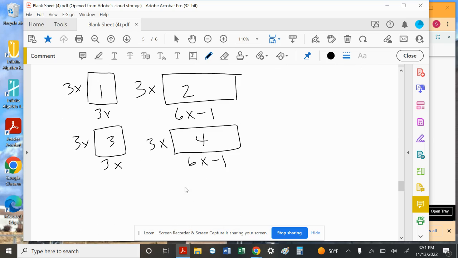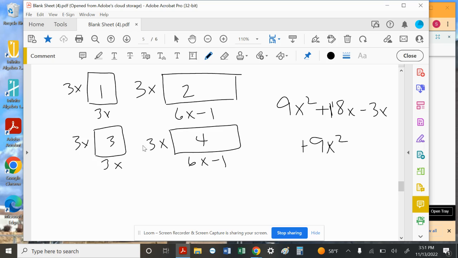So to find that area, it would be 3x times 3x, which is 9x squared. The area of number 2 would be 3x times 6x minus 1, which would be 18x squared minus 3x. And then we have another 9x squared.